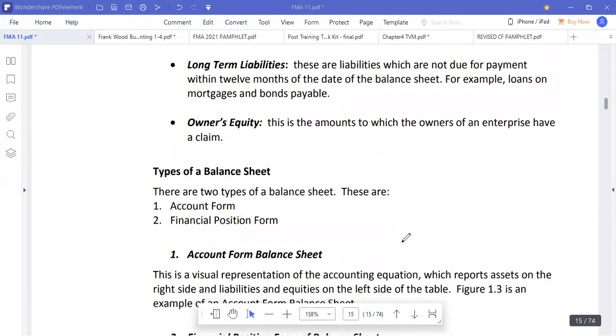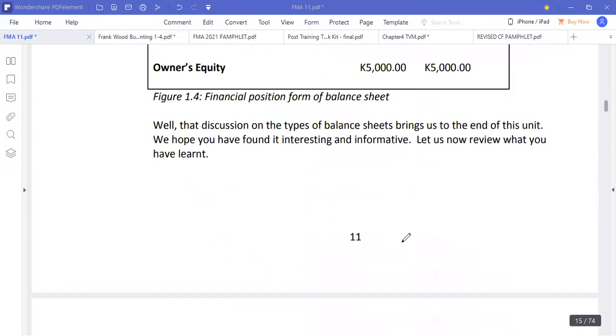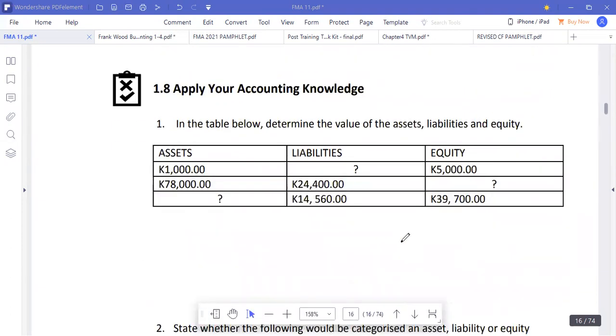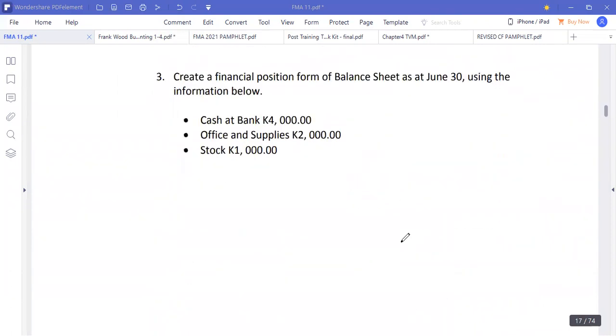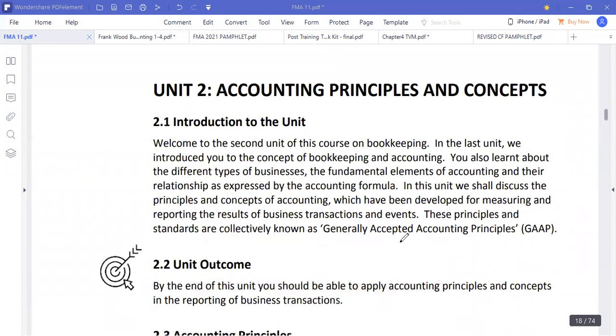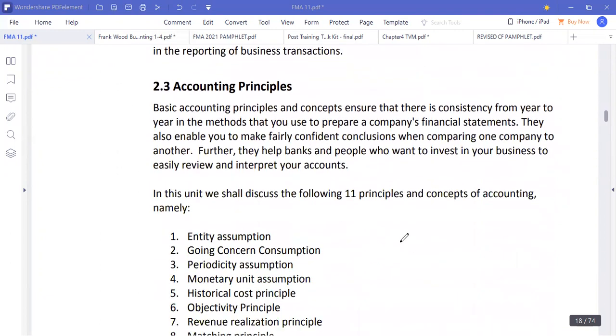All right. So we are now going to look at something else. So there are concepts that you need to understand in accounting, and these are very important. So the principles that accountants uphold.